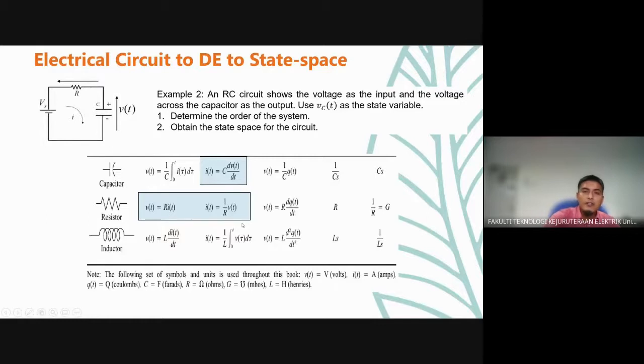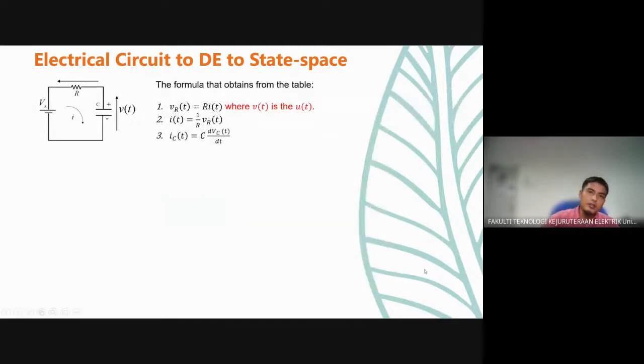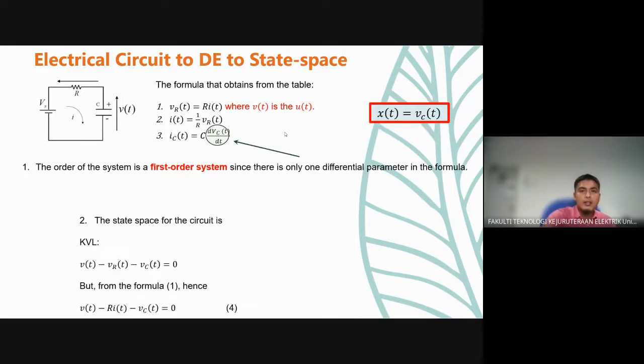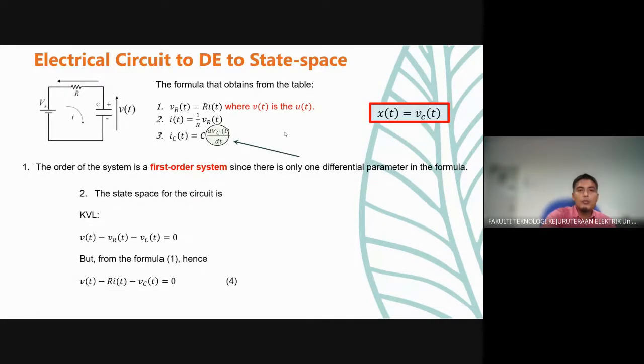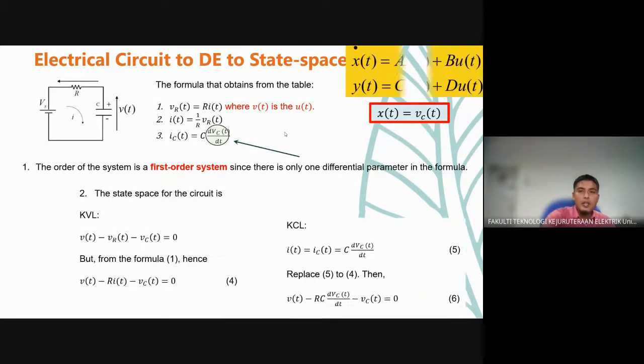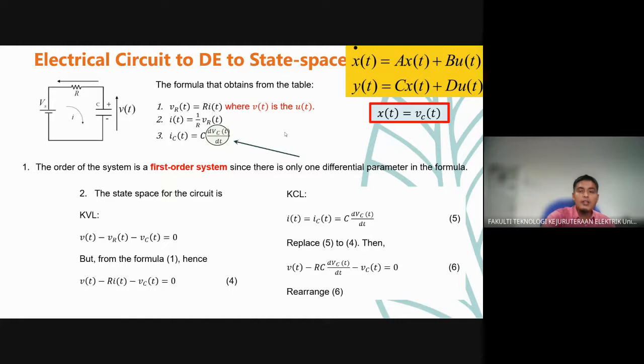After you highlight everything, you shortlist the formula. After that, you find the KVL equation. After that, you find the KCL equation.